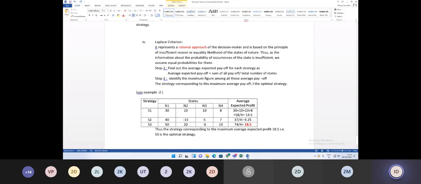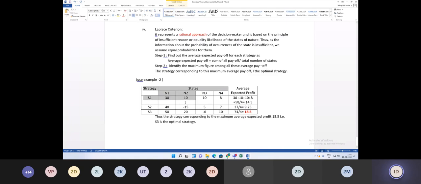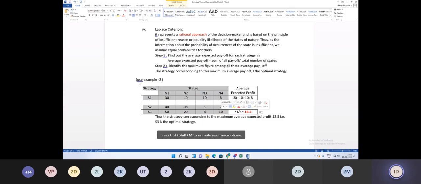The same example. Strategies S1, S2, S3, states N1, N2, N3, N4, with values 30, 10, 10, 8; 40, minus 15, 5, 7; 50, 20, minus 6 and 10. Now the calculation of the average expected profit.